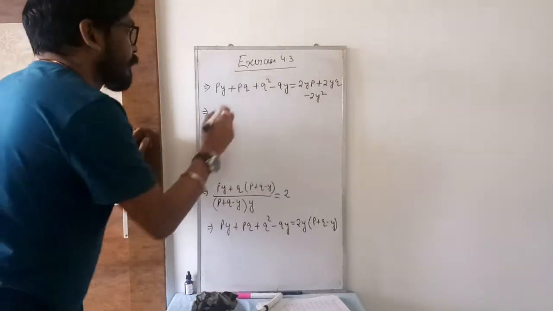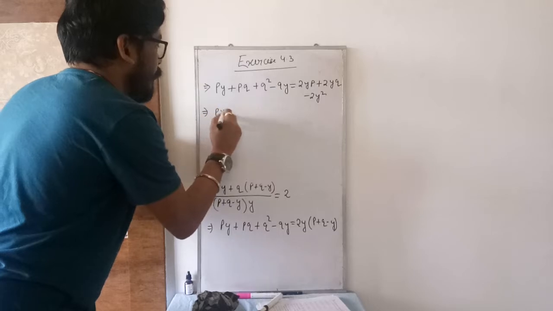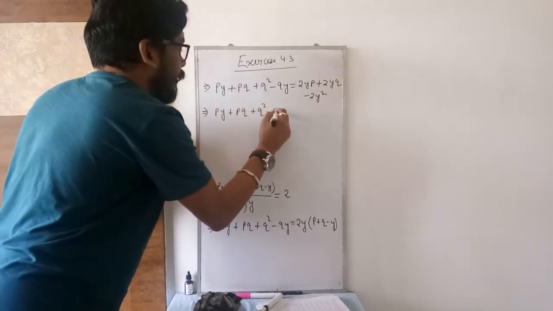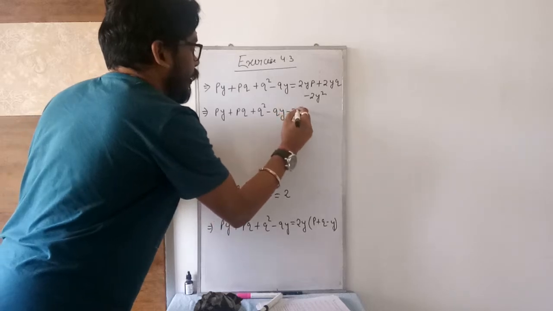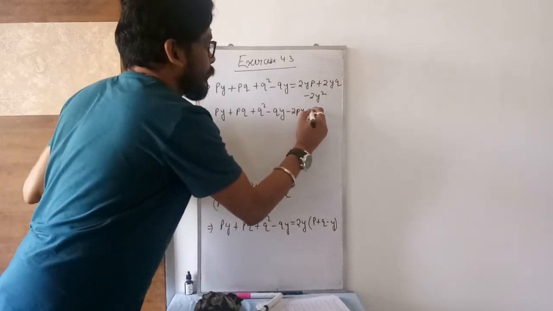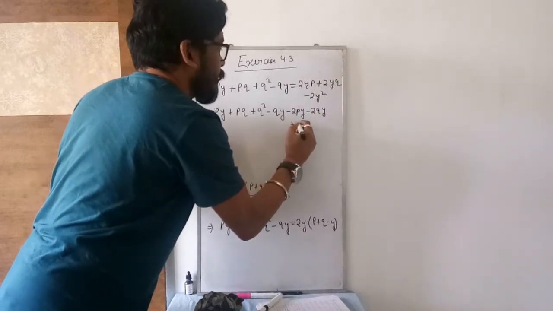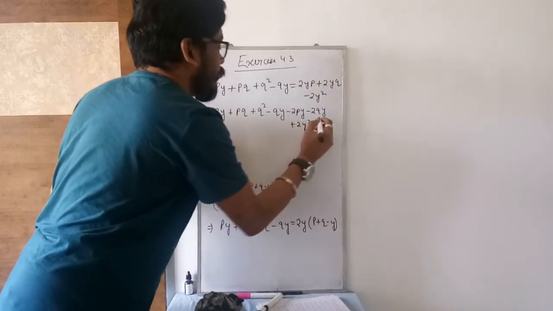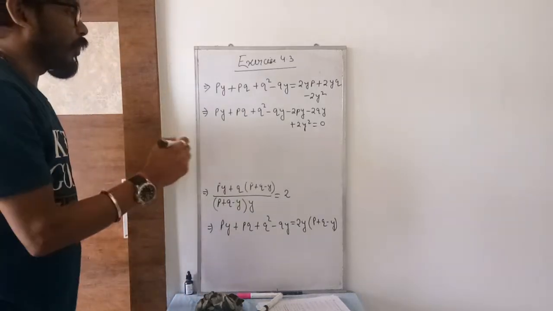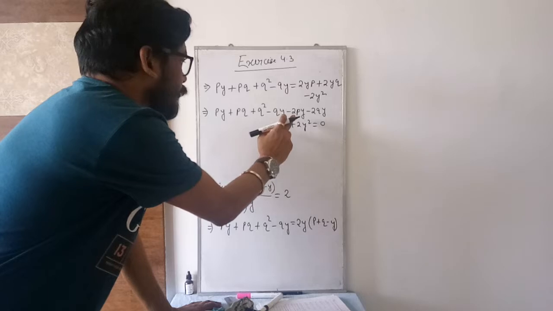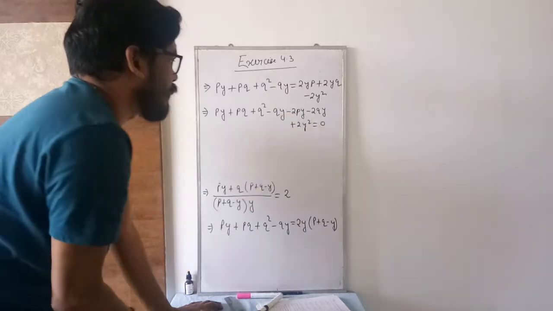py plus pq plus q square minus qy minus 2py minus 2qy. I have just shifted and written, and it is plus 2y square equal to 0. So let me put all the y terms together: py, 2py and 2y square.